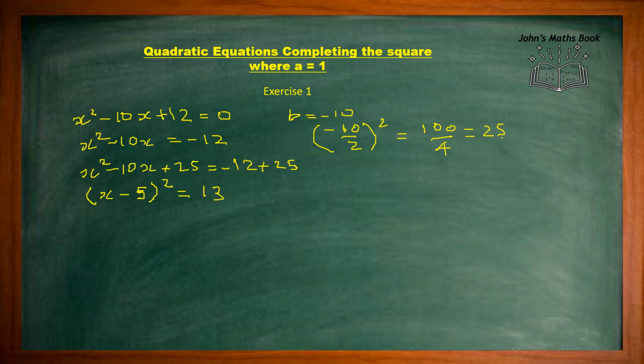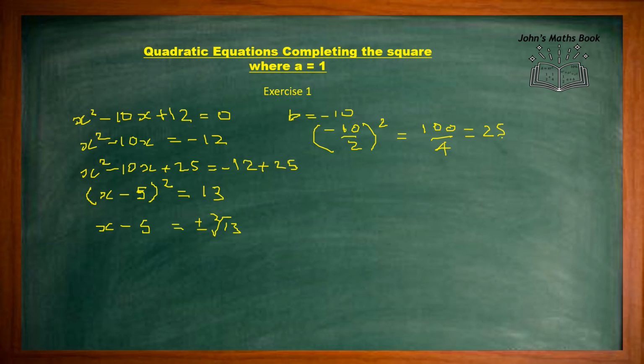So if we now solve that equation for x, we'll take the square root on the left hand side and the right hand side. So we get x minus 5 is equal to plus or minus the square root of 13.